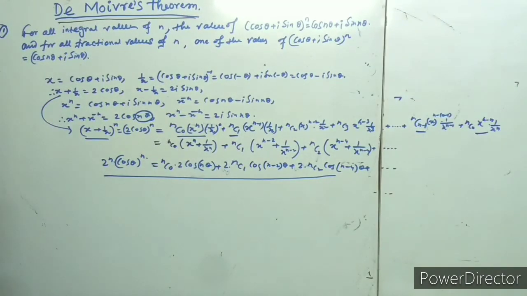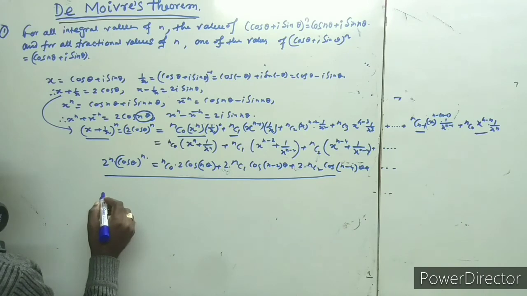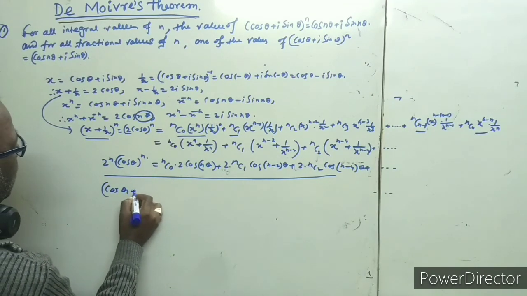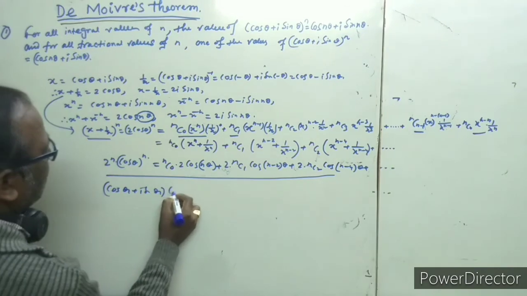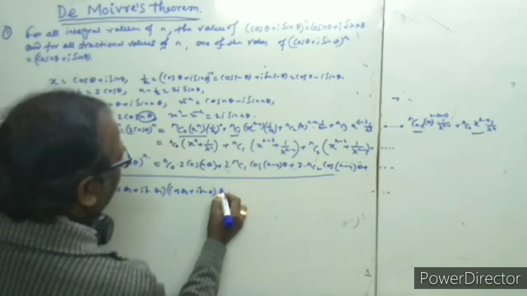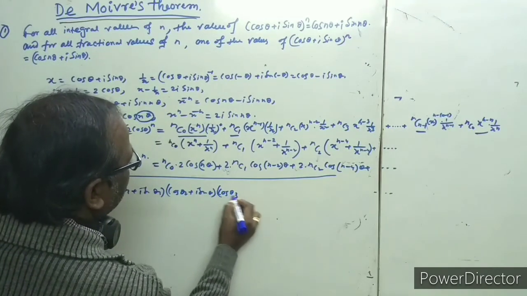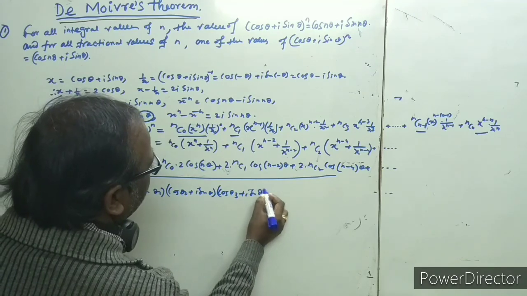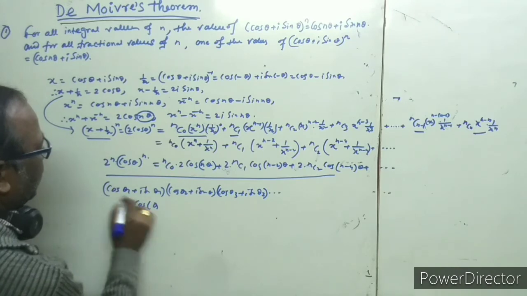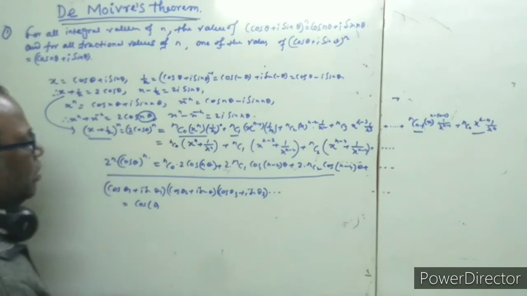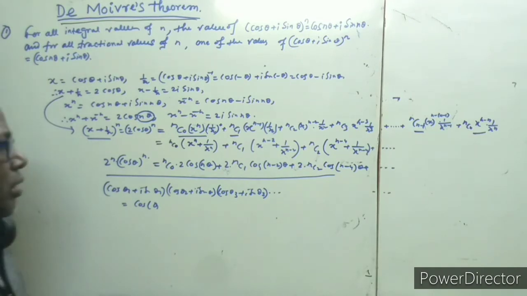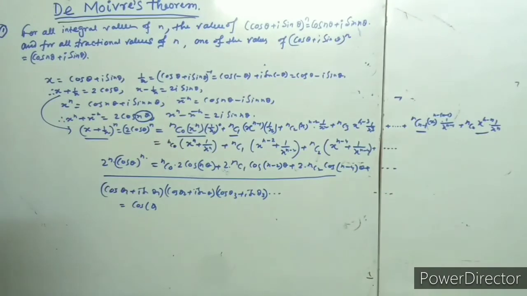And see again, we can also follow this: cos theta 1 plus i sin theta 1, cos theta 2 plus i sin theta 2, and cos theta 3 plus i sin theta 3, and so on.